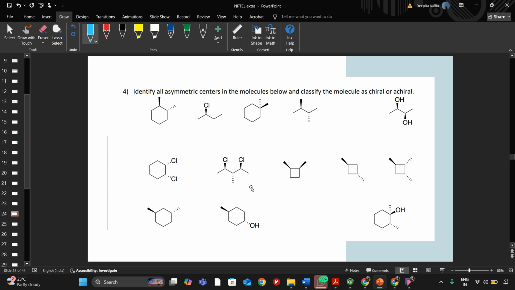In the next question, identify all asymmetric centers present in the molecules below and classify the molecule as chiral or achiral. So, if we have to identify the asymmetric centers, for the first molecule, these two are going to be the asymmetric centers.